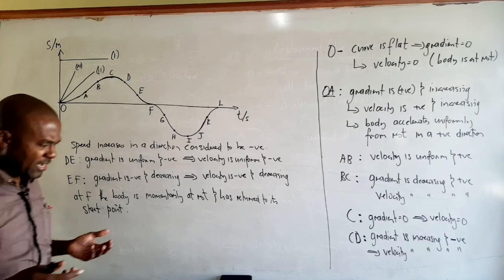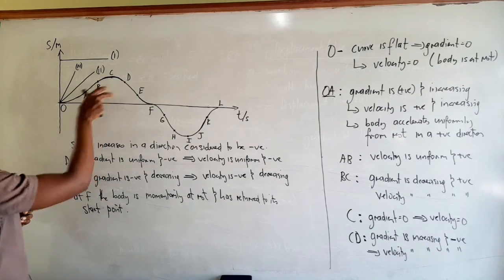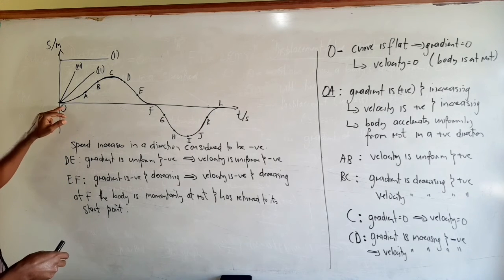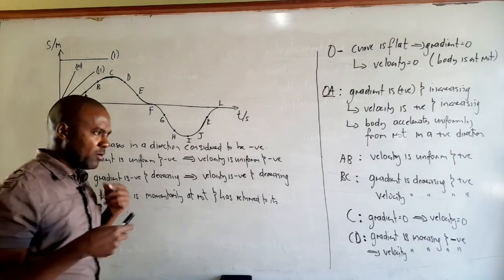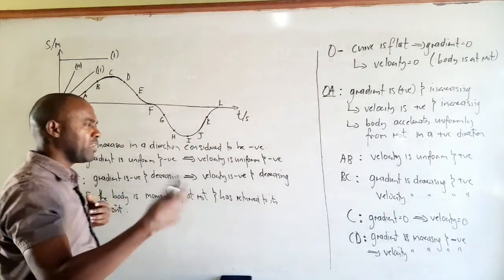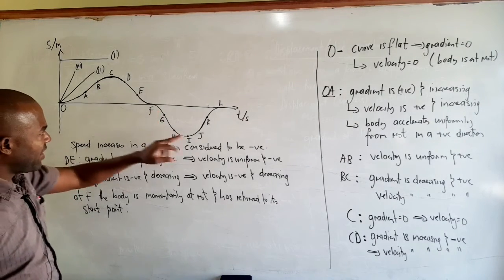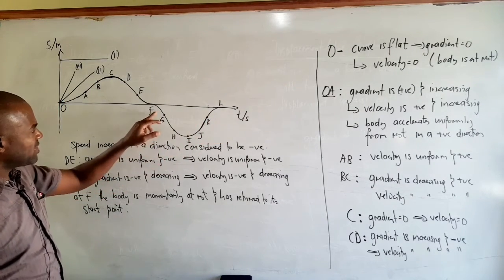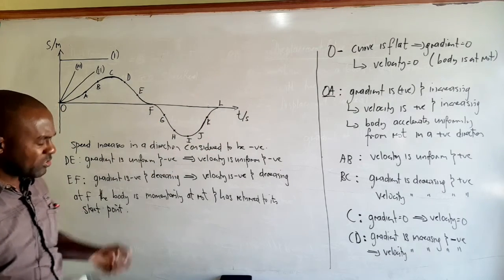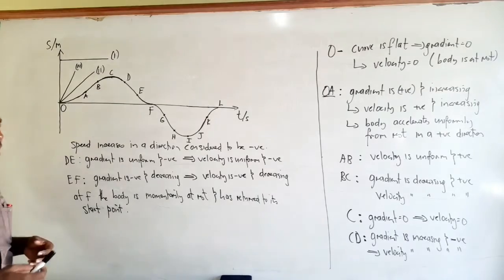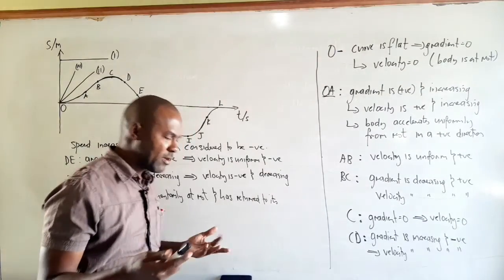But the only difference is that for the piece that is above, the displacement, of course, is either 0 or positive, which means that basically the body was at some position relative to some starting point, right? Between F and L, the displacement basically gets very negative, then it goes back to 0, which means now that the body is in the opposite direction of the starting point.